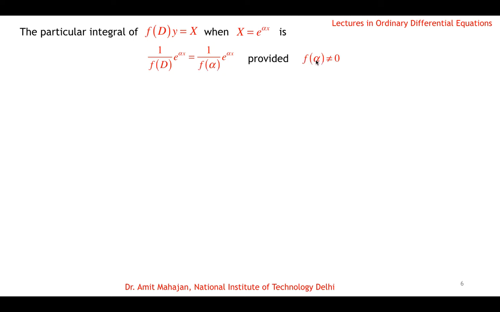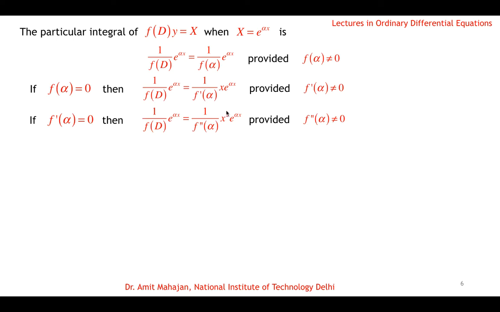If f alpha is 0, then the particular integral is obtained by multiplying with x and taking the derivative of the denominator and then putting D as alpha, provided this new denominator is non-zero. If this denominator is also 0, if f dash alpha is 0, the process is continued.